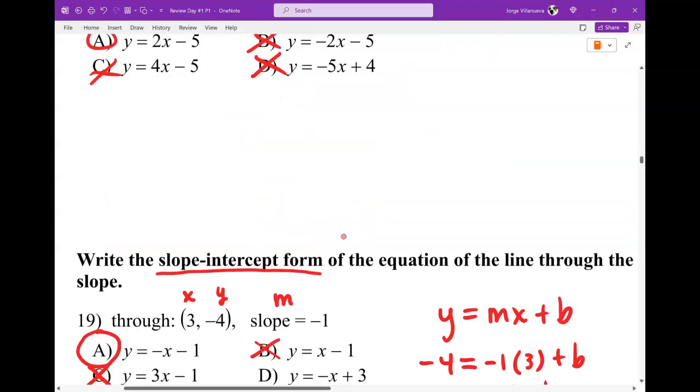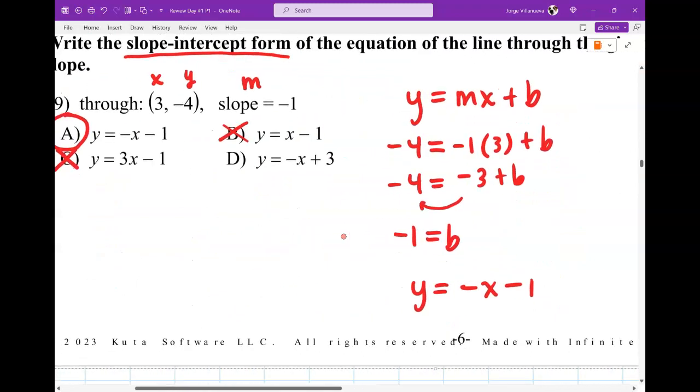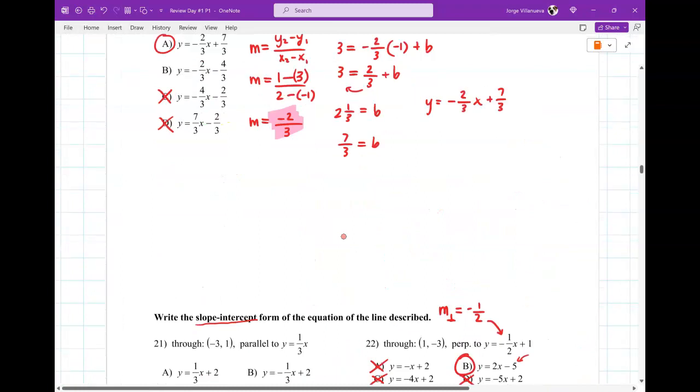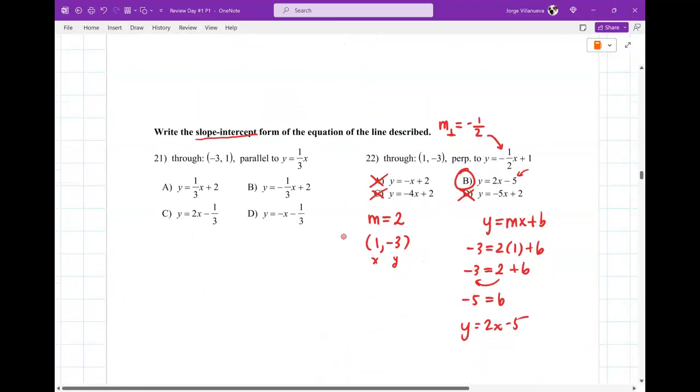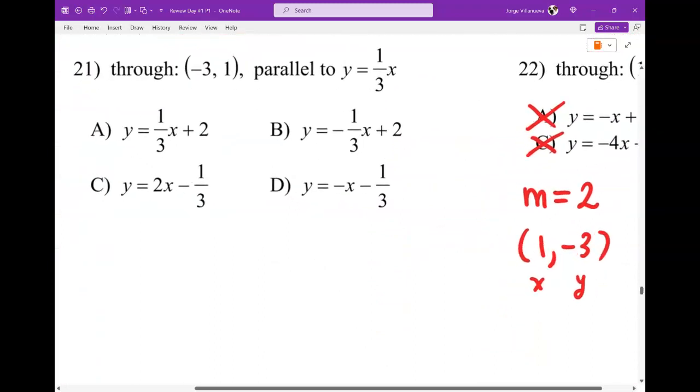All right, 19. Already did it. 20. Already did it. 21, haven't done it, but we did the 22, so let's go to 21. So writing a parallel line to that line, going through the point (3, 1).